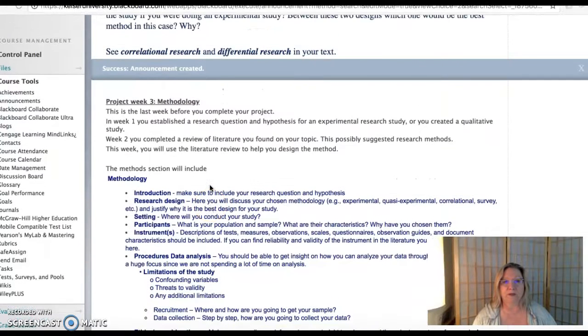Now the methodology part of your project follows your literature review. In your literature review, you probably got some ideas about how research has been done in the area you're interested in. So you're going to talk about those research possibilities, and you're going to steal those as much as you can.